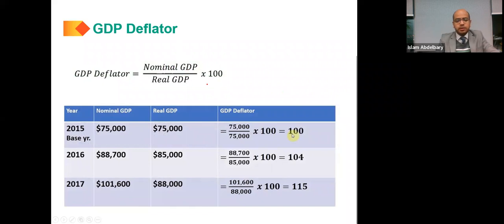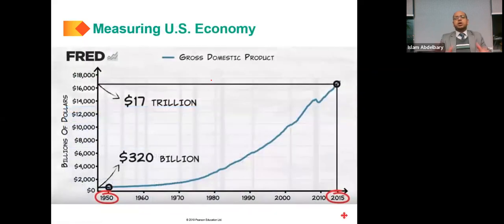It's another example, using the same equation. If we have an example about the US economy, measuring the size of the biggest economy worldwide, the US economy, over 65 years, from 1950 to 2015.